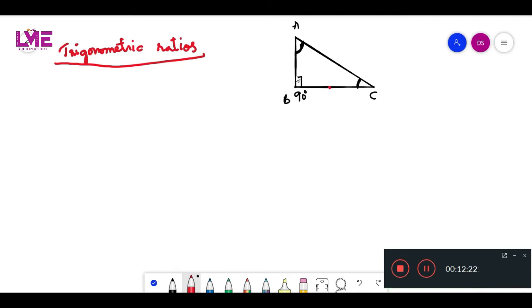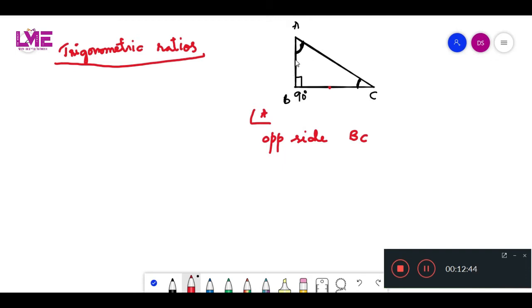So for angle A, the opposite side is BC.